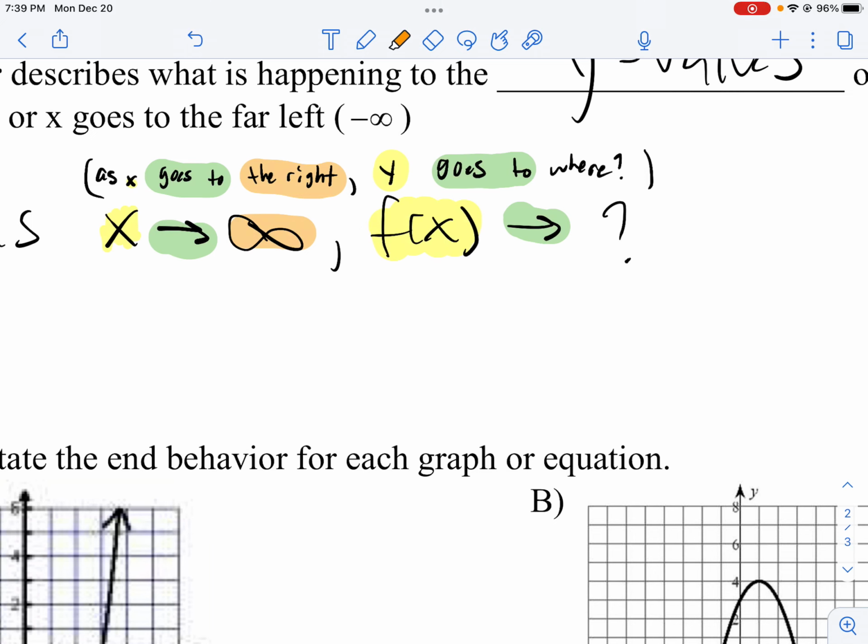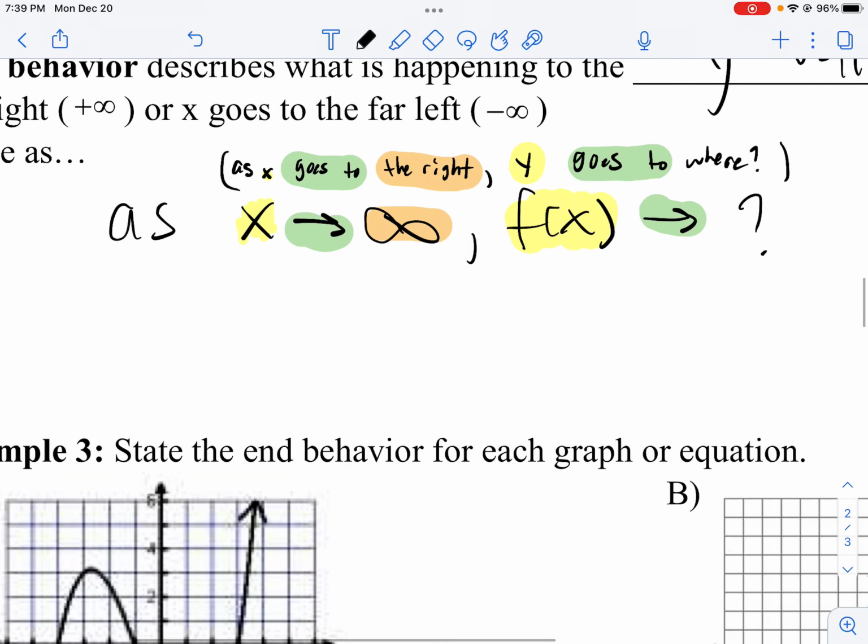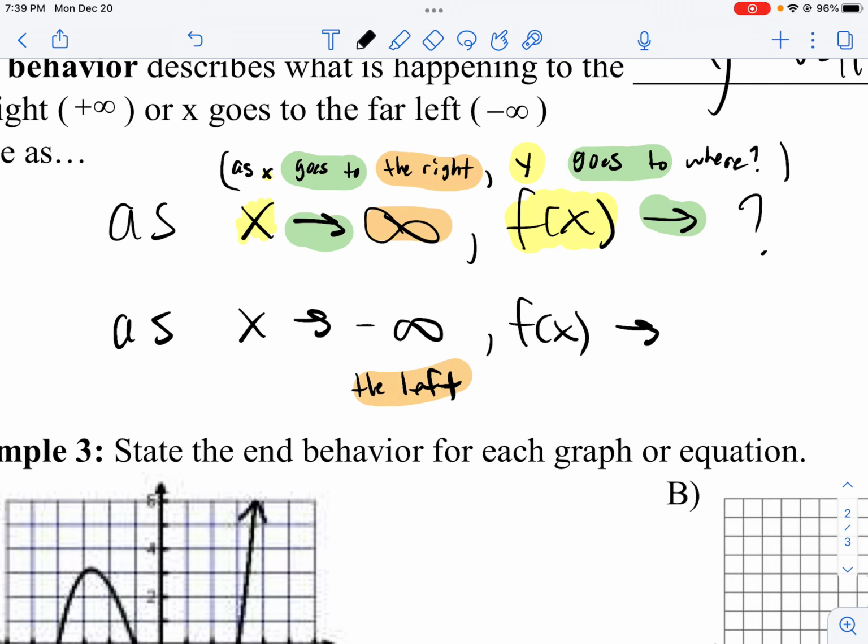Now, if you wanted to say the left, then we'll be using negative infinity, right? So same thing. So as x goes to negative infinity, which in other words means the left, then your f of x, your y, is going to where?